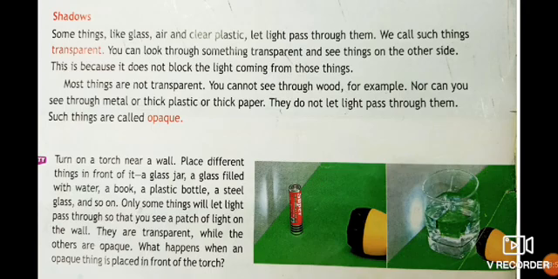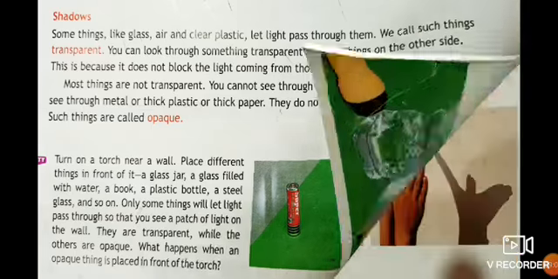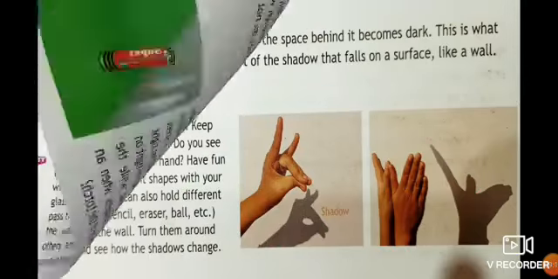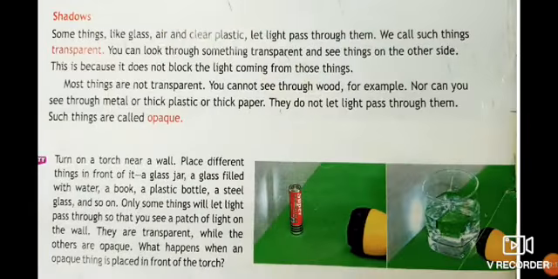They are transparent. Here you can see the torch light goes straight and you can see the patch of light here, while the others are opaque.